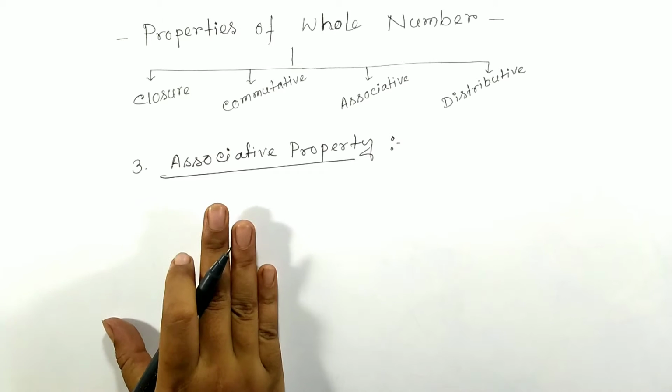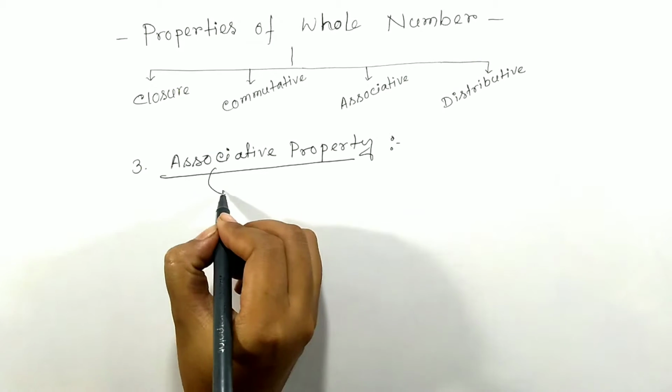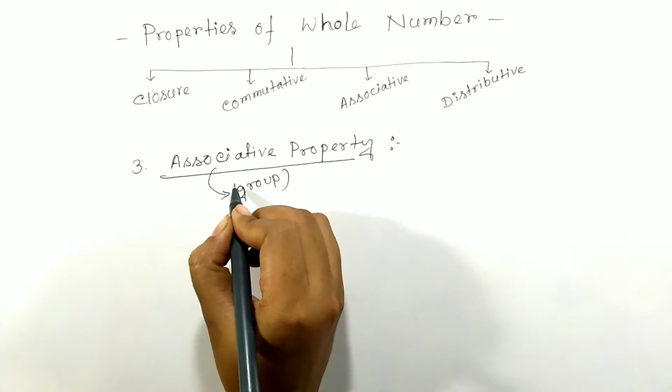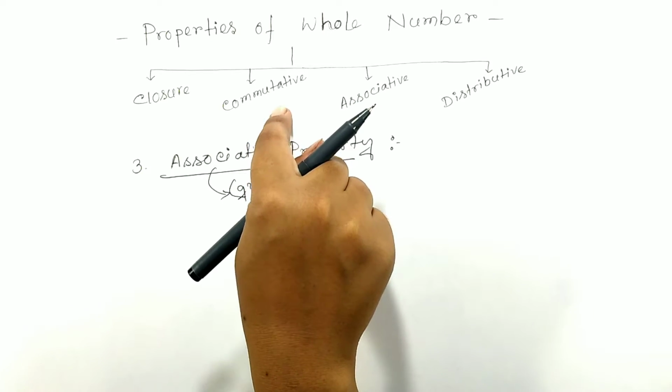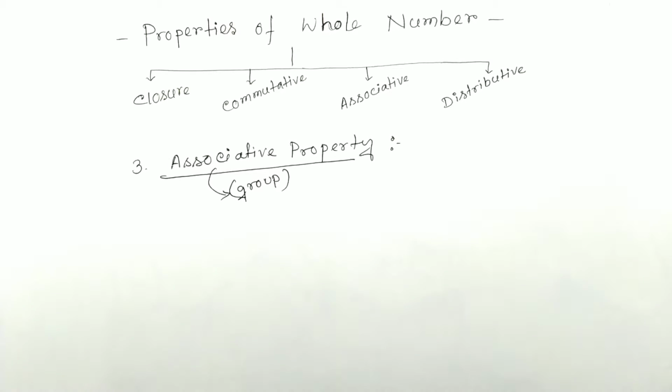Third property is associative property. Remember the term group. In case of commutative property, remember the term order. In case of associative, always remember the term group.